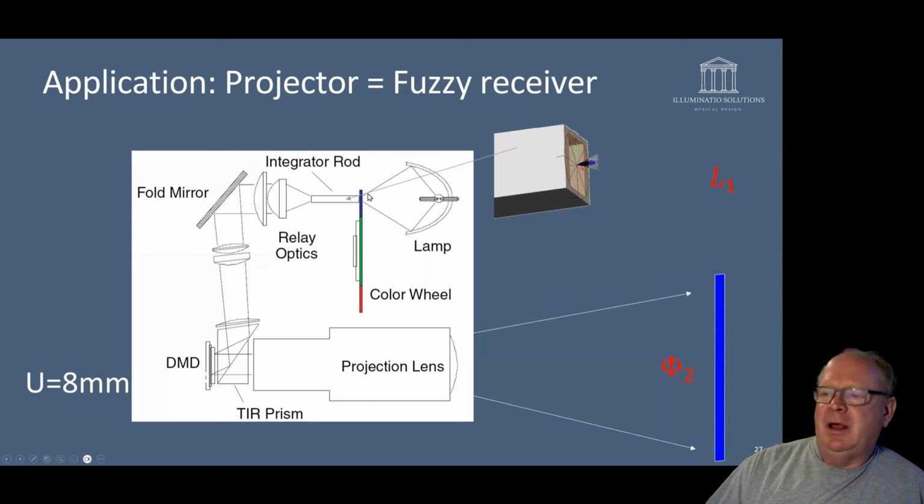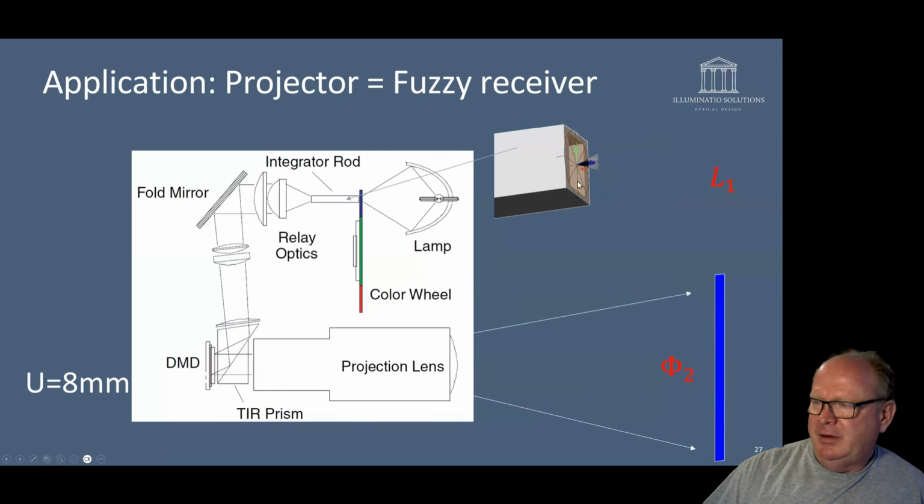Here, first I can apply the method and measure the étendue of the projector, which may be a little bit different from the étendue of the DMD itself, by simply sending light of a certain luminance inside the rod and measuring on the screen.